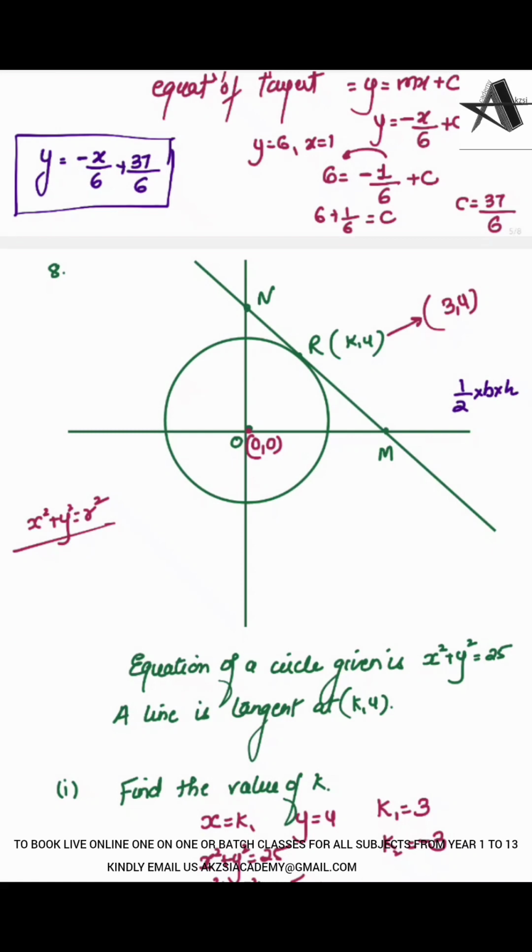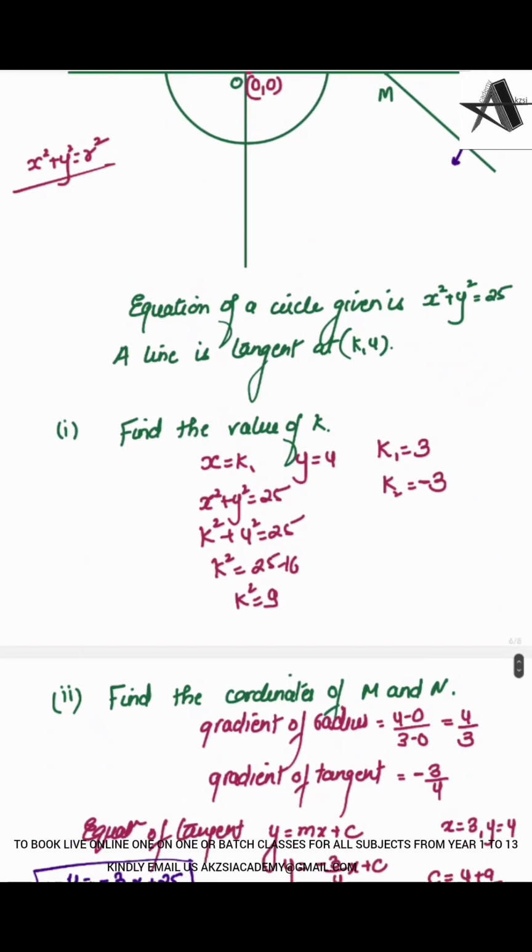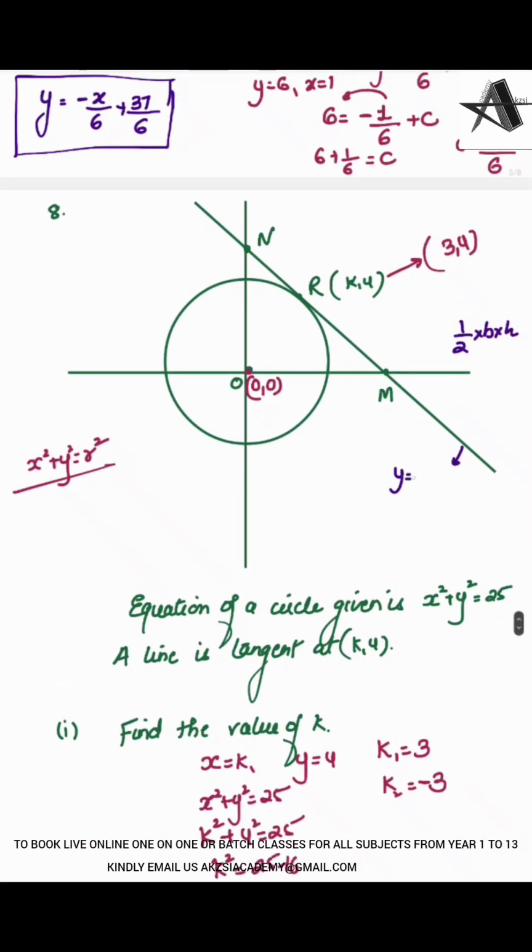We just calculated the equation of this straight line, which is y equals negative 3 over 4 x plus 25 over 4. Put x equals 0. This straight line passes through the y-axis at a point where the x coordinate is always 0. So put x equals 0 and you will get y equals 25 over 4.